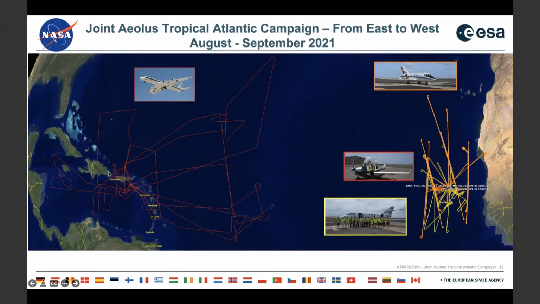We had the DC8 stationed in St. Croix, and our European partners would still be in Cape Verde. But because of a COVID delay in Europe, they also had to push their time back from the original plan of July all the way to late September. And we started in August.